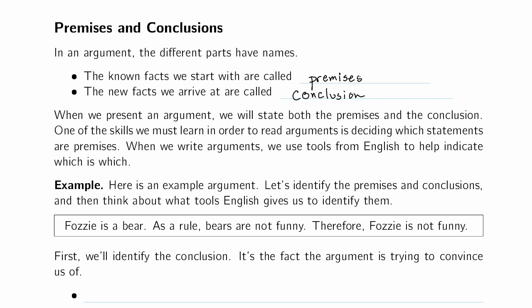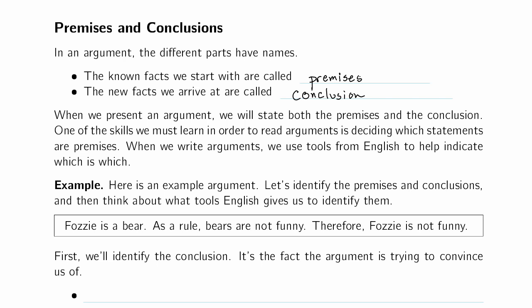And we use our tools from English to identify those, assuming that we're writing our arguments in English. So let's look at an example of an argument and see if we can identify the premises and the conclusion.